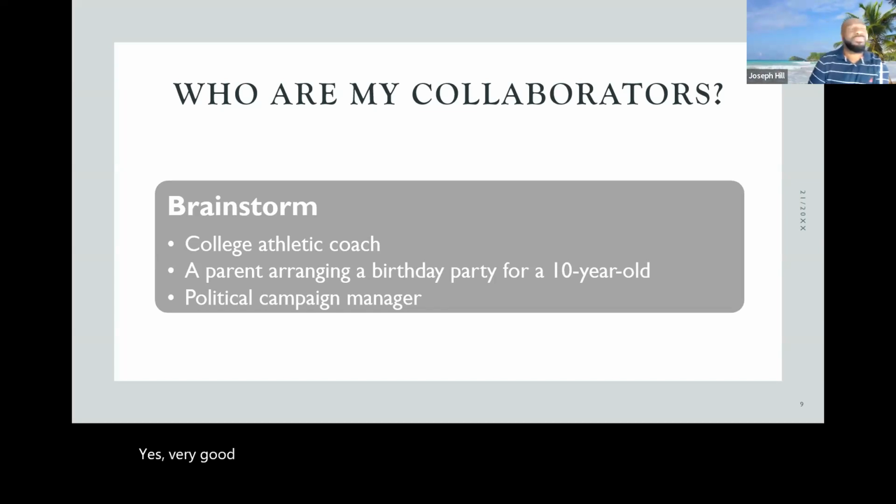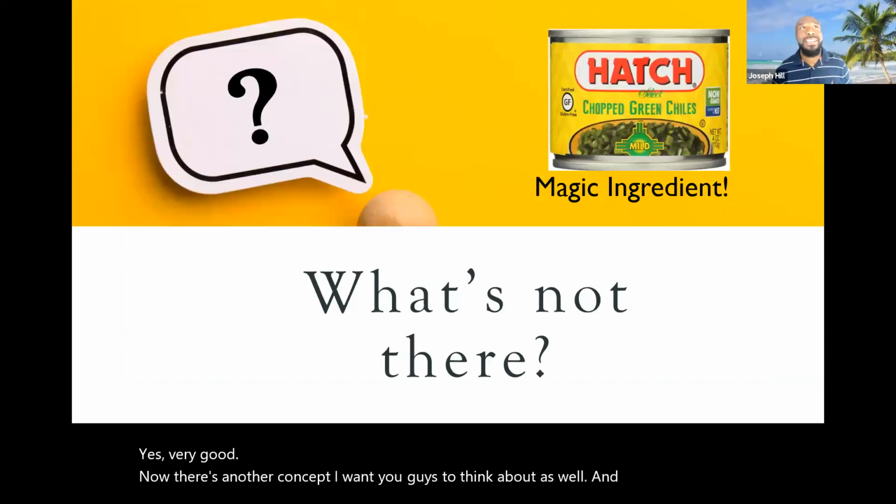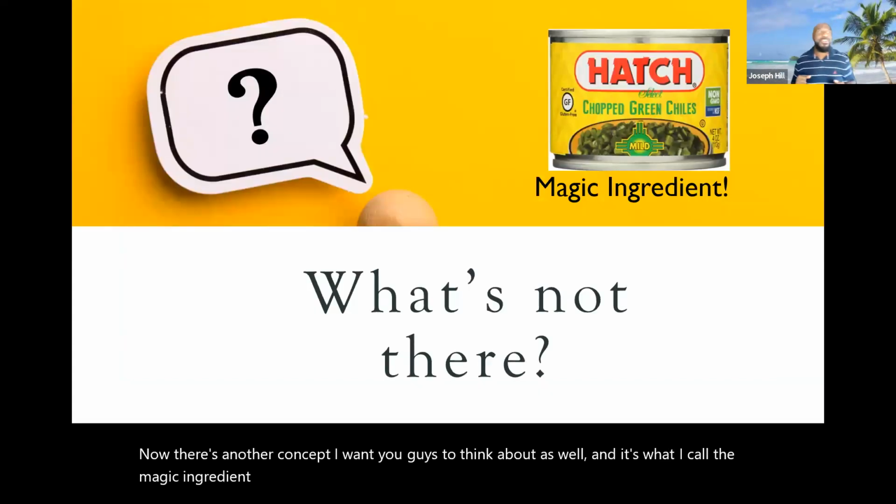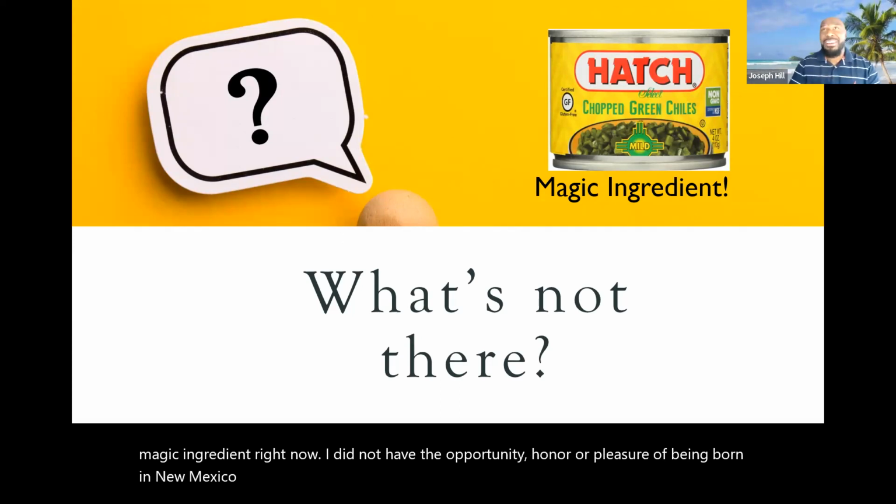Very good. Now, there's another concept I want you guys to think about as well. It's what I call the magic ingredient, right? Now, I did not have the opportunity, honor, or pleasure of being born in New Mexico. I kind of wish I was, but I was born in Detroit and I grew up in Florida.